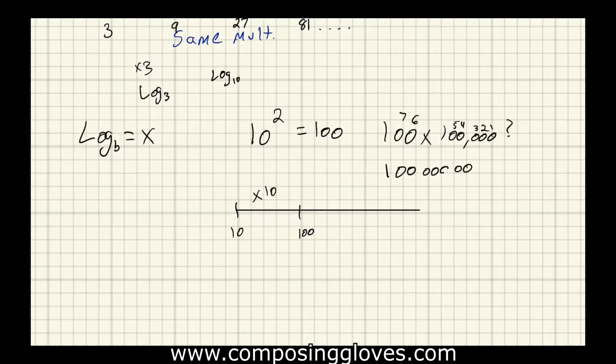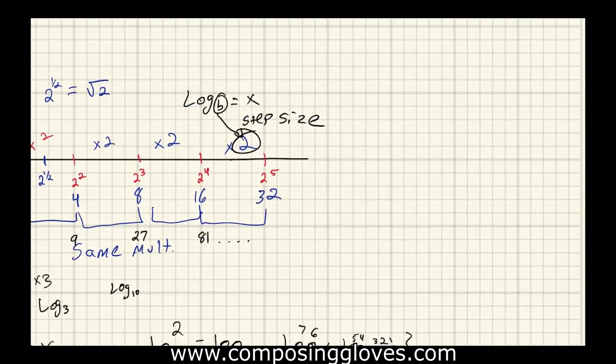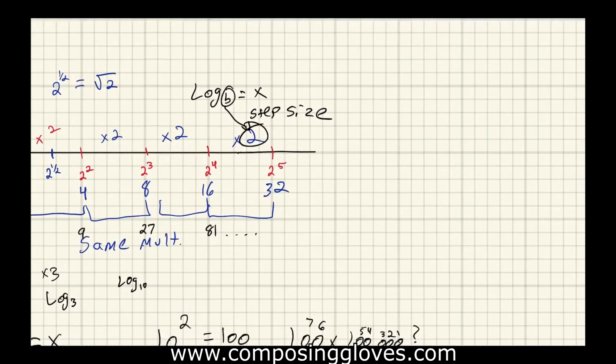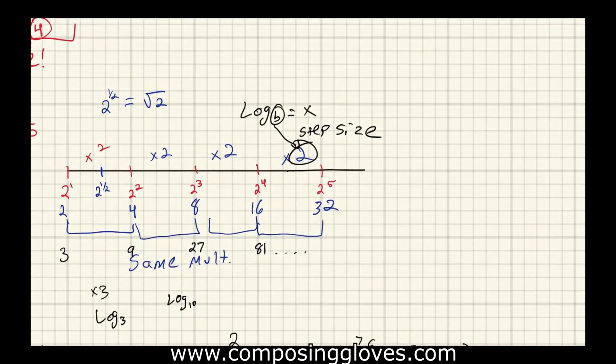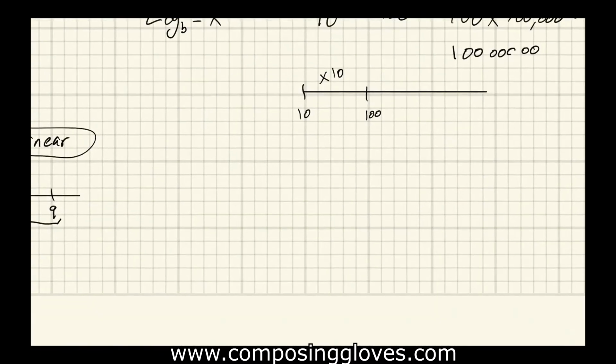But we're not quite done yet, right? We've got our base. But how does this work? So what we're saying here is this is our step size, right? This is our times 2. So let's look at stuff. The way I was taught logs, so log base b equal to x, I was taught this sentence, and the sentence went base power in equals out.